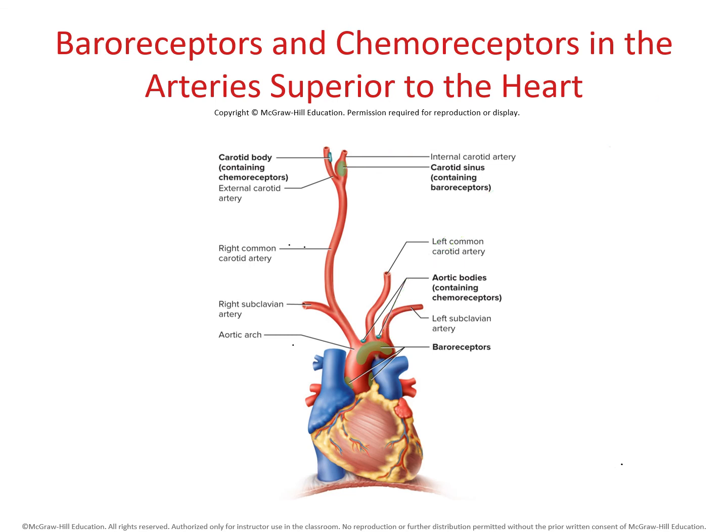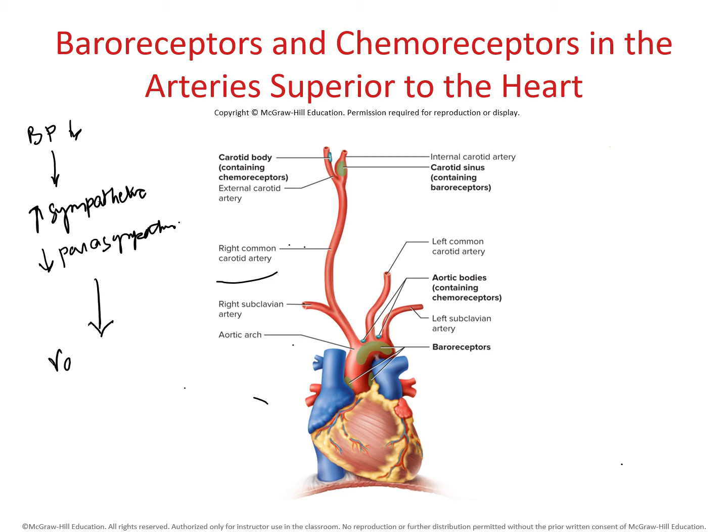So what happens when there's a drop in blood pressure? When there's a drop in blood pressure, the baroreceptors send a message to the medulla oblongata, and there is an increase in sympathetic activity. At the same time, there's a decrease in parasympathetic activity. And this leads to vasoconstriction.